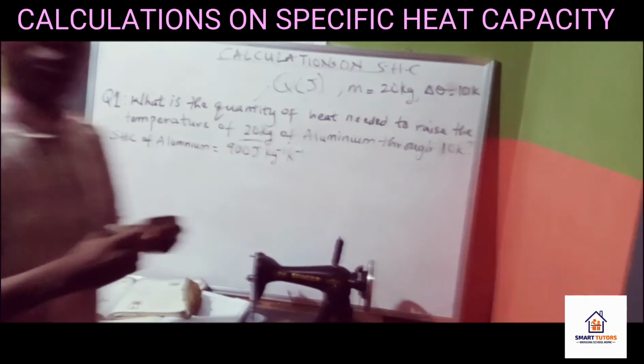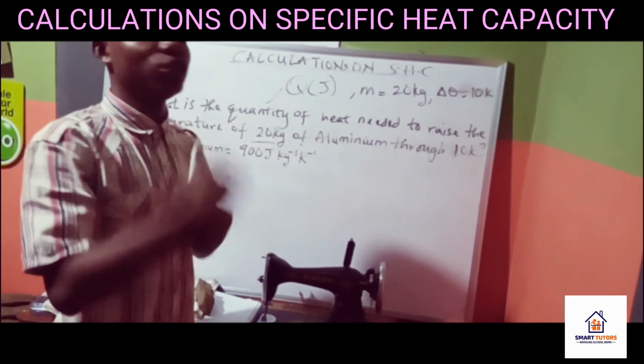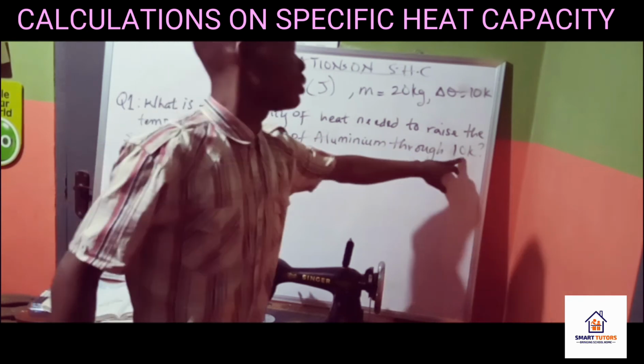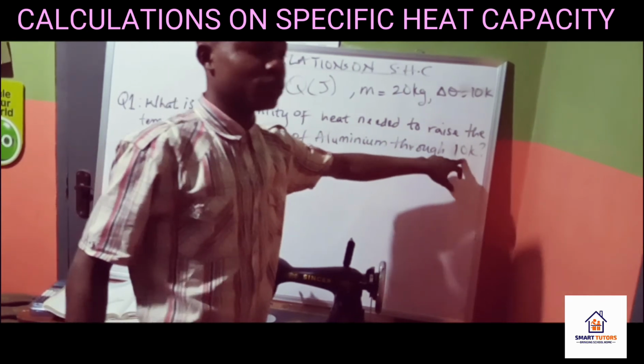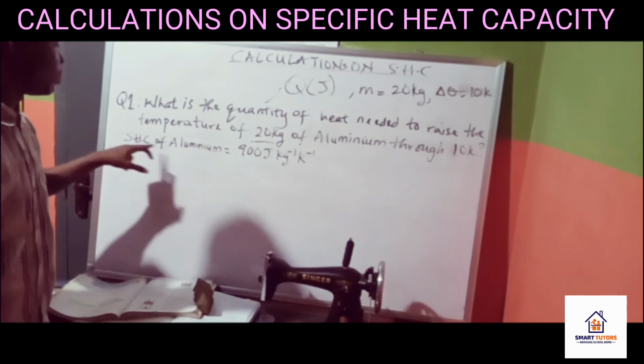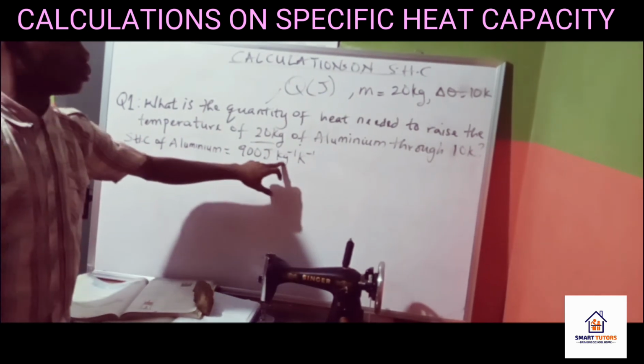They observed that the change in temperature was 10 Kelvin. We are also given the specific heat capacity of aluminium to be 900 joules per kilogram per Kelvin.